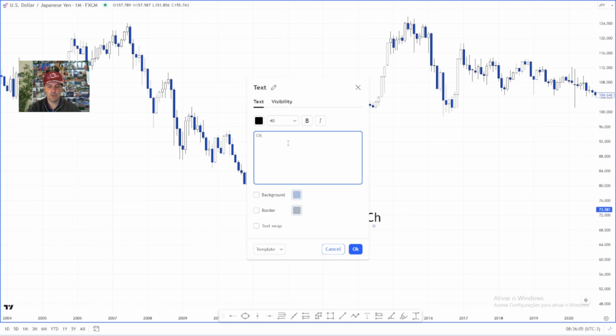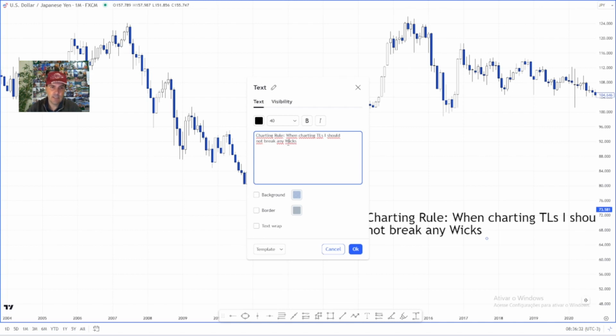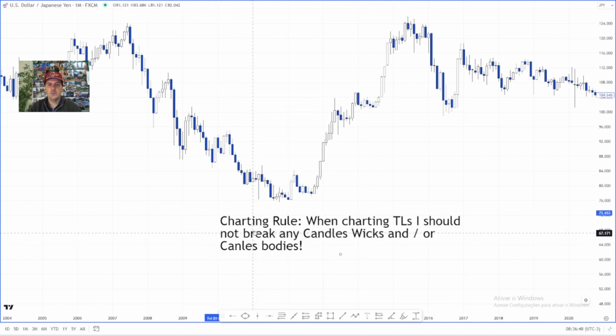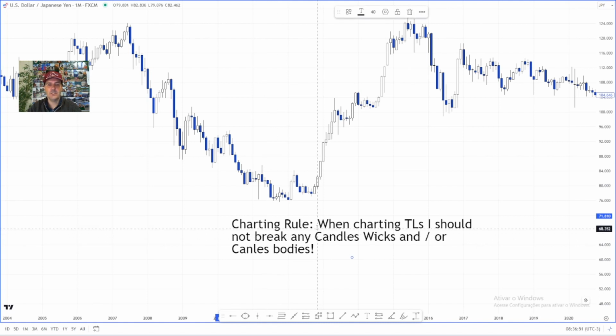Charting rule: when charting, TLs stands for trend lines, I should not break any candles' wicks and/or candles' bodies.